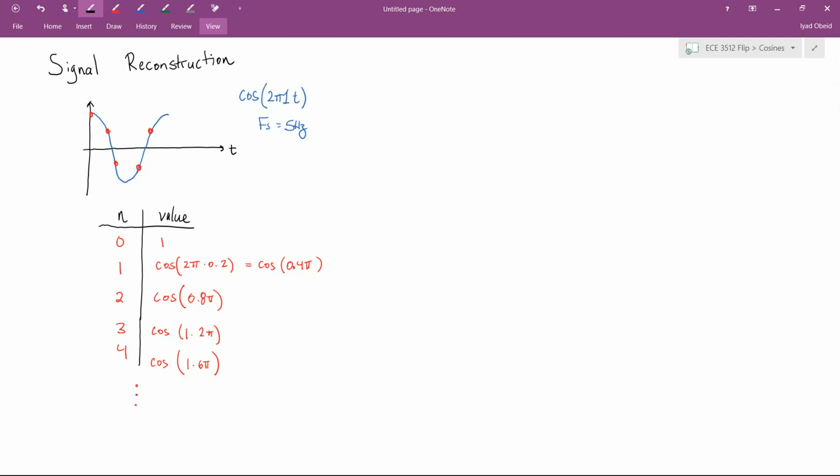Now, let's do a different cosine. Instead of starting with a 1 Hertz cosine, suppose we start with a, I don't know, a 1 kilohertz cosine. So let me draw it, and let's switch colors. My 1 kilohertz cosine is also going to look like this.